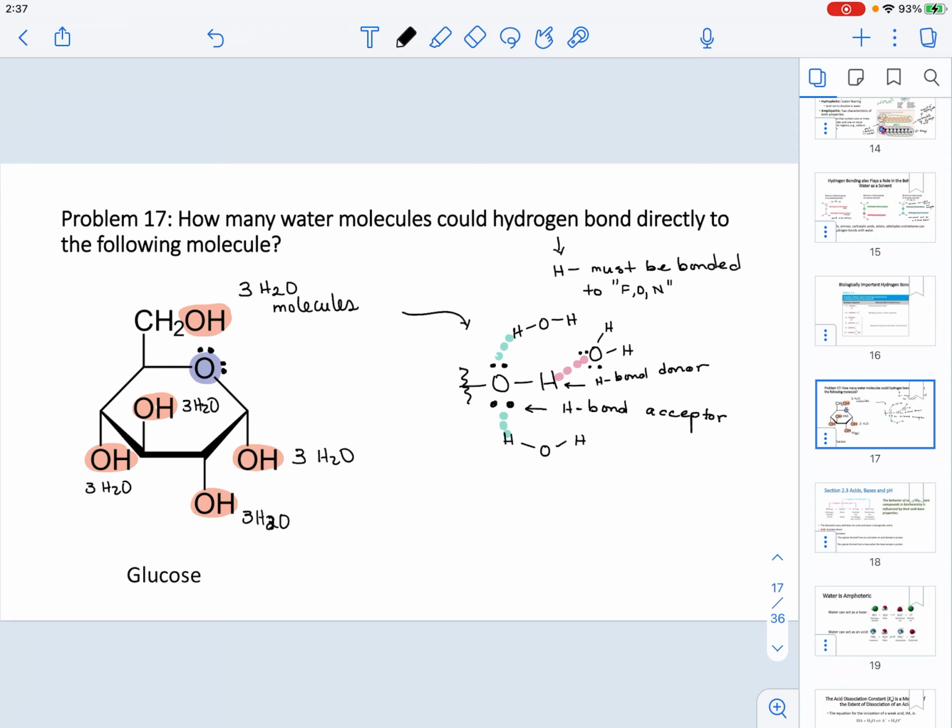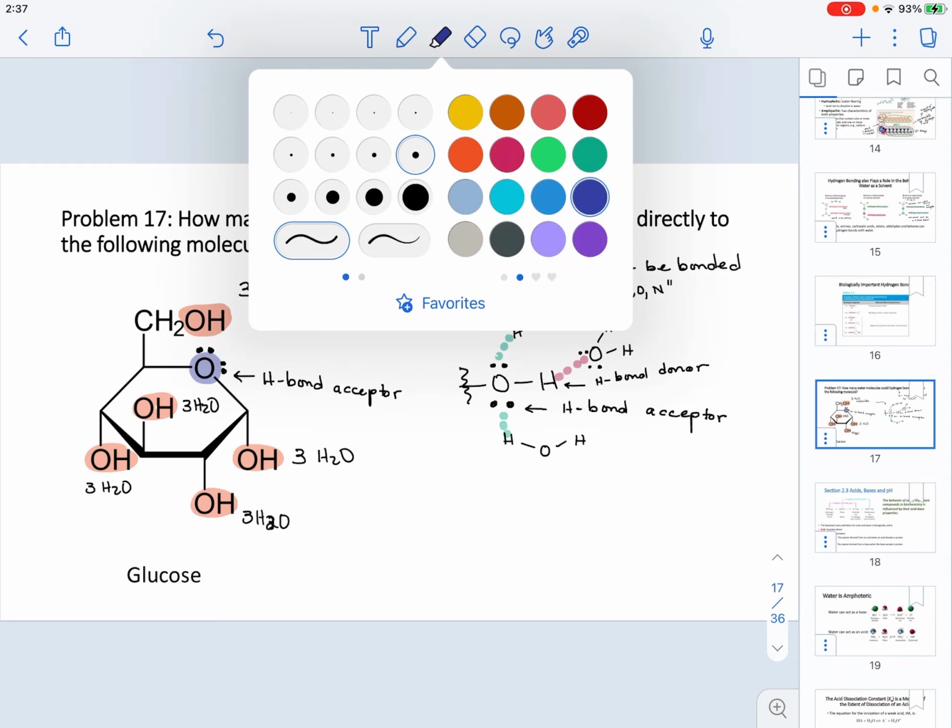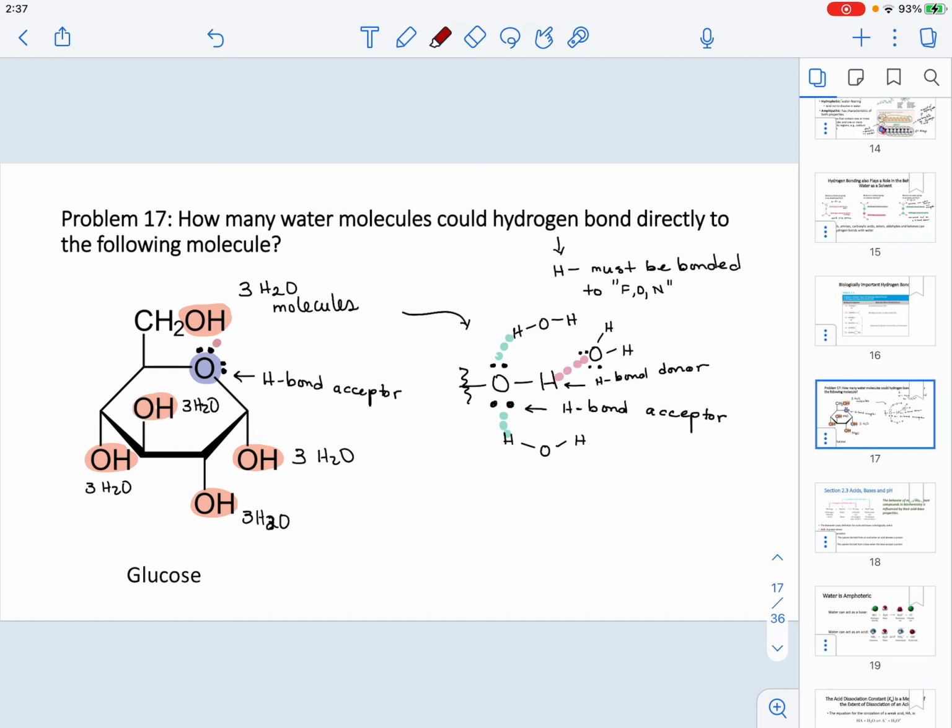So even though it's not bonded directly to hydrogen, it can actually act as a hydrogen bond acceptor. So with how many water molecules can those lone pairs interact? With two of them. So this can interact with the hydrogens in two molecules of water.